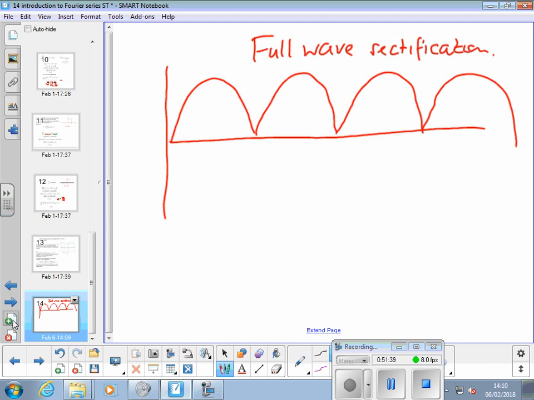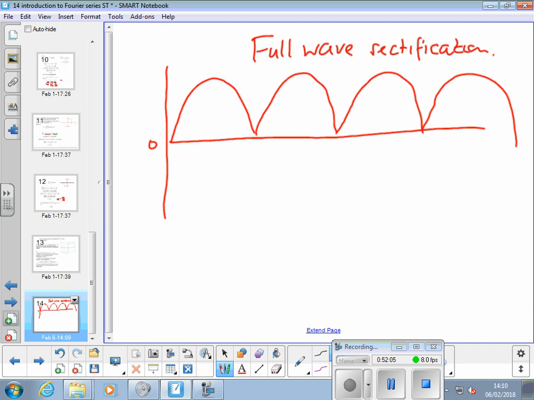Effectively, you take the half cycle that's underneath and turn it up the other way and put it on top of the line. That waveform is DC, because if you apply it to a circuit, current will only ever travel in one direction. It's changing as time goes on, but it's not crossing the 0 volt line, so it's DC.